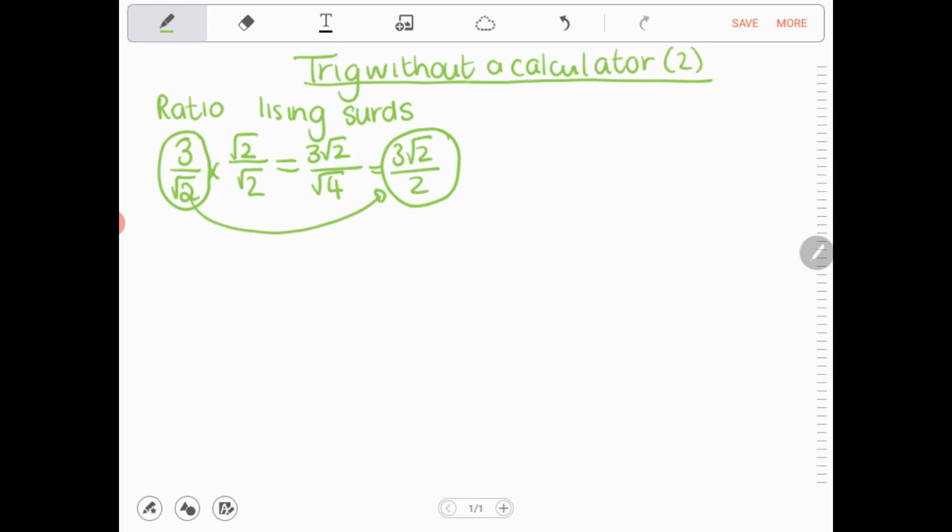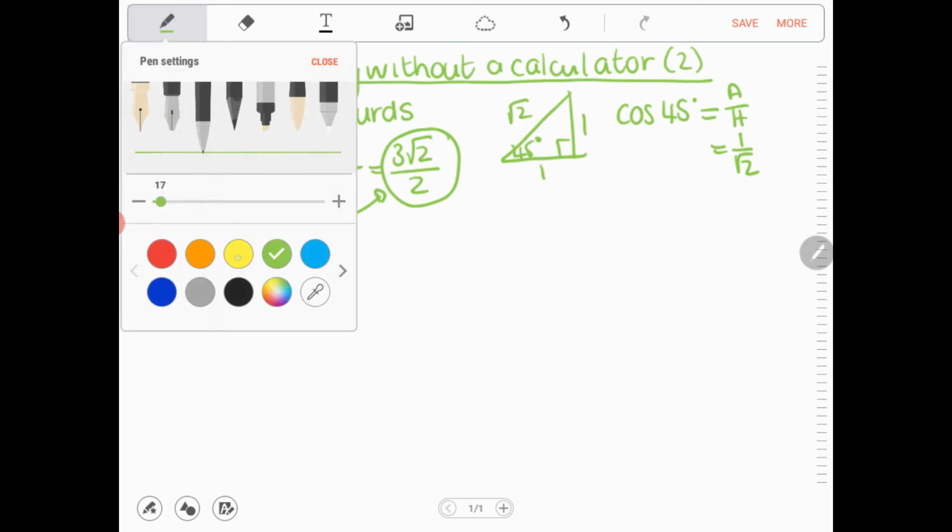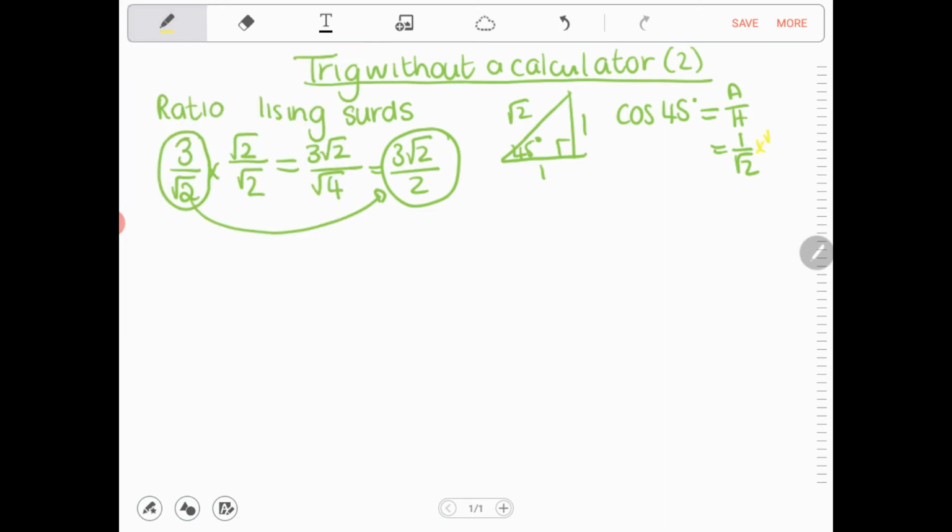Now, we use this sometimes with the trig because we know that in our triangle of 45 degrees, if I say to you, what is the cos of 45, you would tell me it's adjacent over hypotenuse, which is 1 over root 2. Now, I can rationalize this, just like I did the previous example, by multiplying by root 2 over root 2.